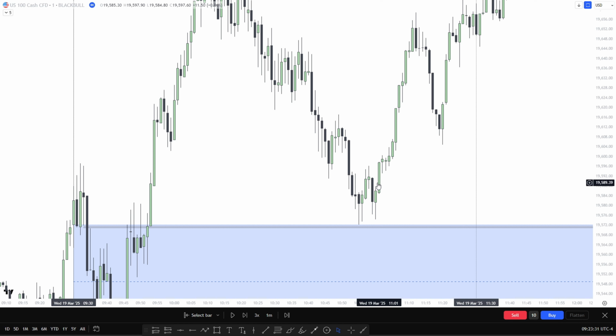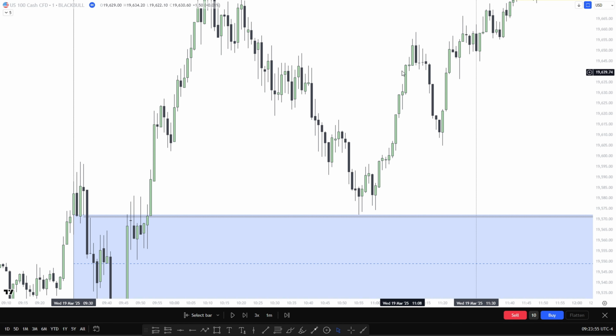Ideally, we want to see that stay open. Why is it a breakaway gap? Because we have a consolidation and then price leaves the consolidation, leaving a gap. That's a breakaway gap. Ideally, this gap should stay open. If it's strong, if price is really, really bullish, this should stay open.